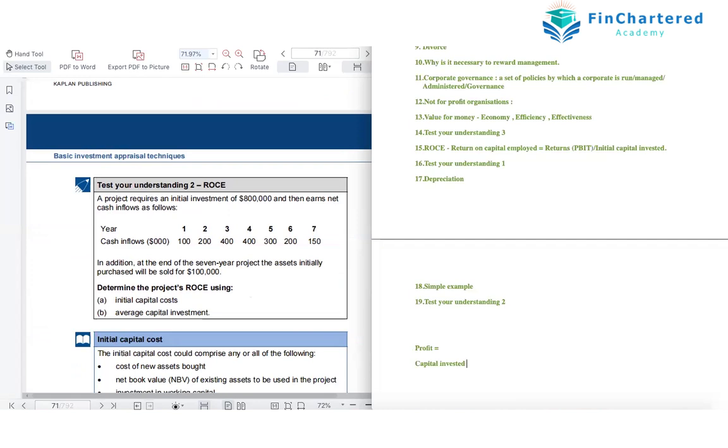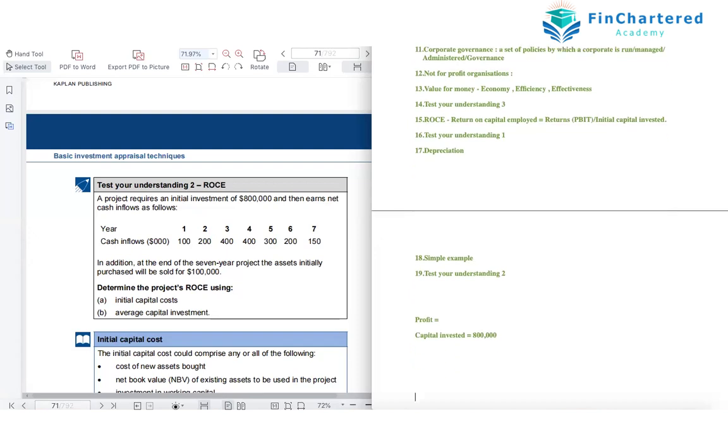Capital invested, this ingredient is ready-made, it is 800,000. The first ingredient I don't directly have in the question, so I have to find it, just like when you don't get an ingredient, you find it in the shelves.